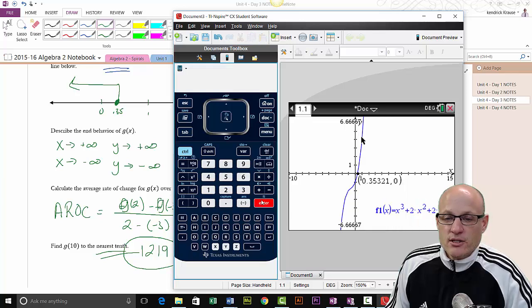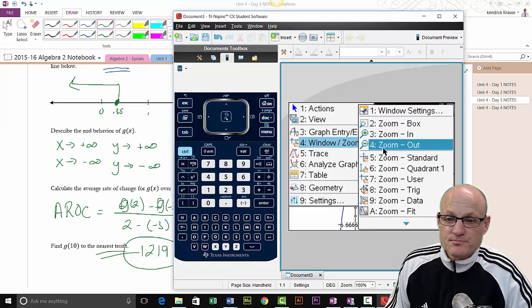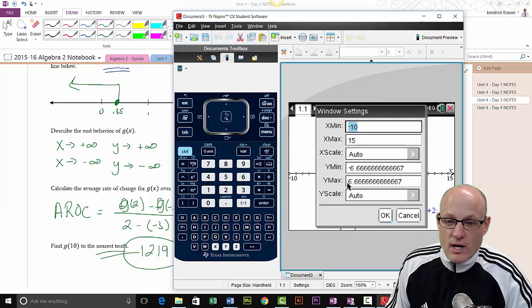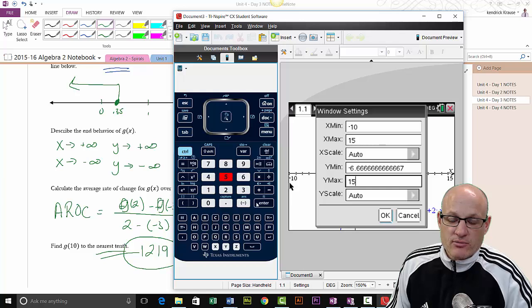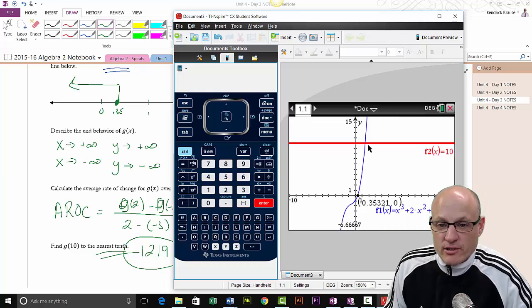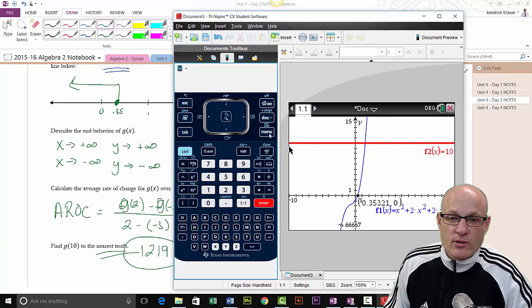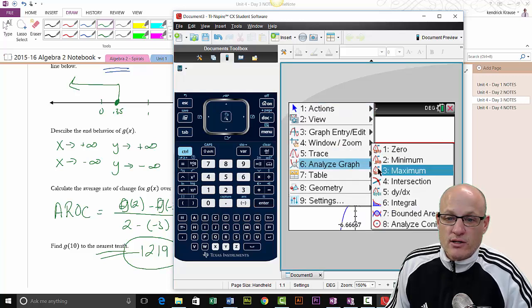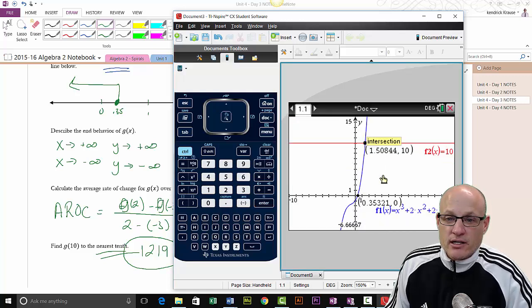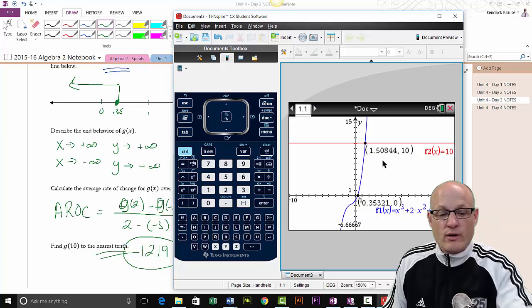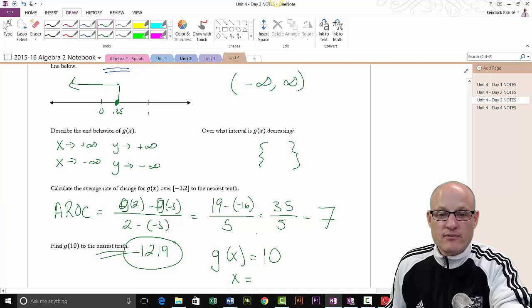I meant Y max, not X max. Okay, and so what I'm looking for is where do these things intersect? So I'm looking for the point: menu, analyze the graph, intersect, click, and rounded to the tens place it's 1.5. So X equals 1.5.